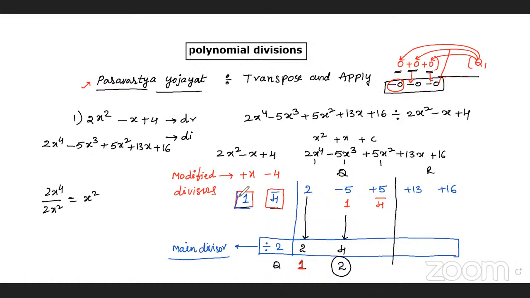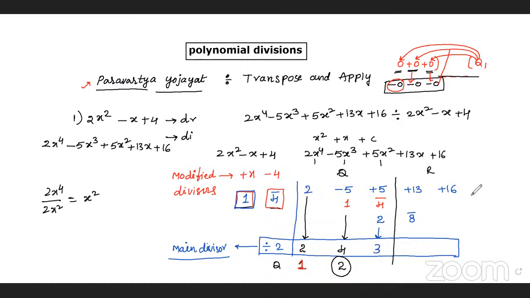Again the first modified divisor, 1 into 2, that is 2, I am writing here. Then 2 into -4, that is the next place value, so it will be -8. I am writing it to the next term's coefficient, below the coefficient value. So here if you see the sum, what happened? 5 minus 4 is 1. 1 plus 2, that is 3.